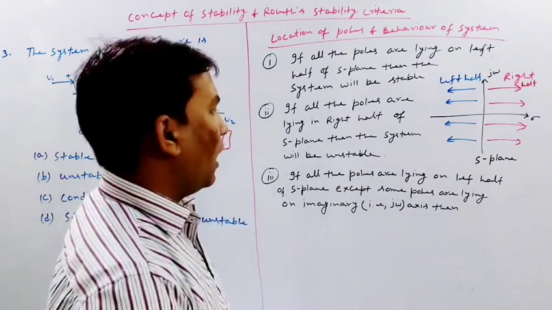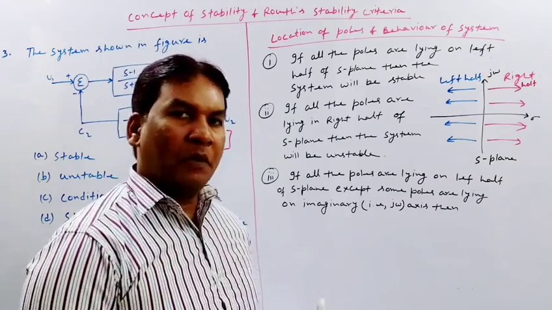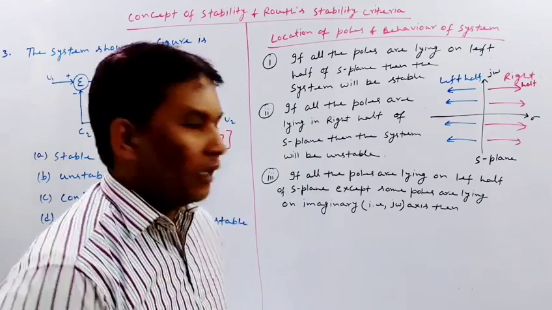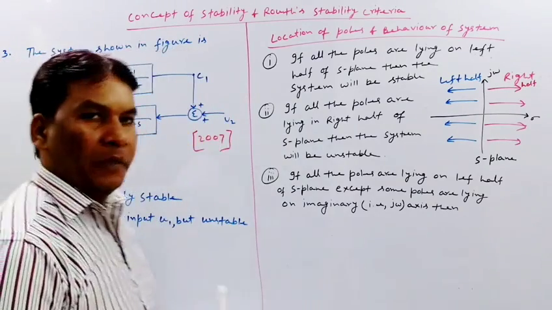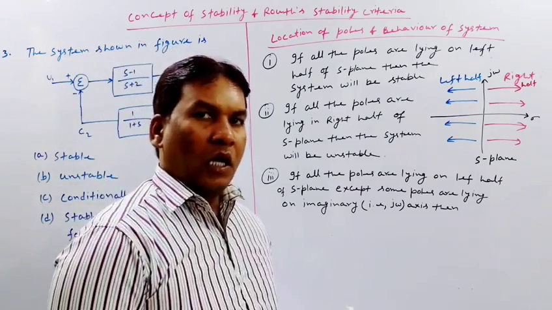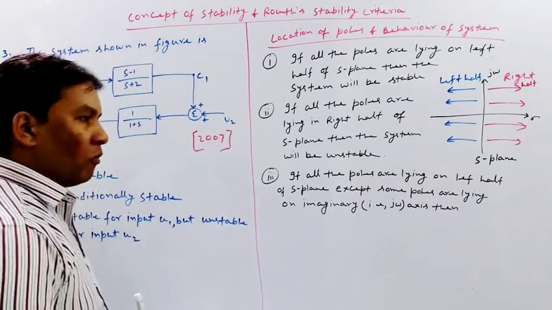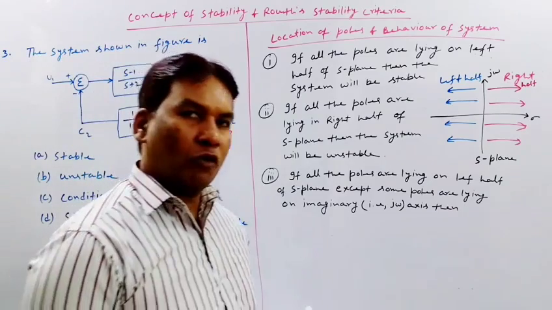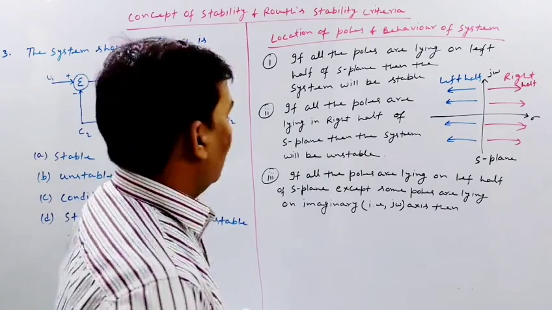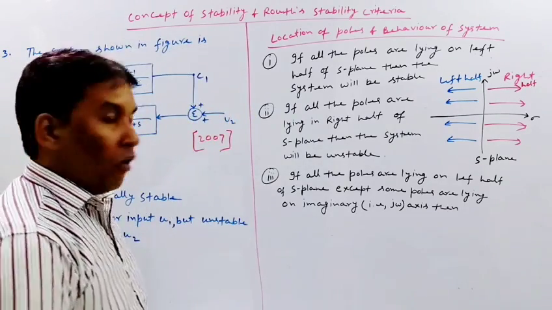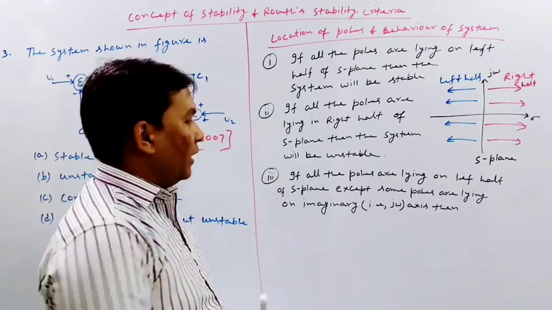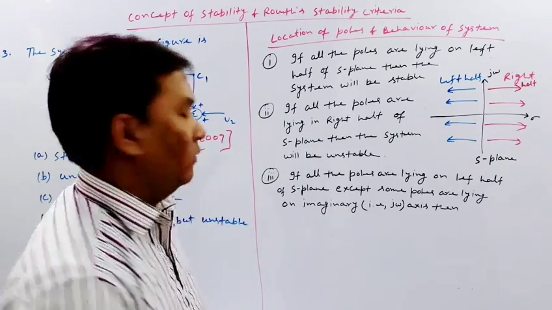If the poles are simple, means non-repeated, on j omega axis, then the system will be marginally stable and the system will perform oscillation with constant amplitude. And if the poles are not simple, that is repeated, then the system will be unstable.